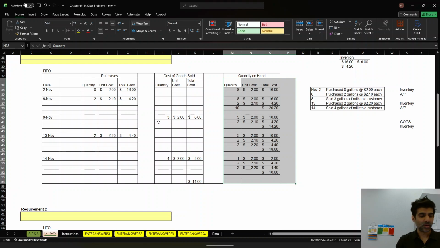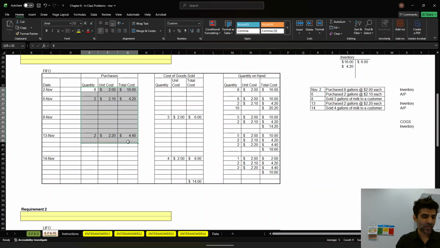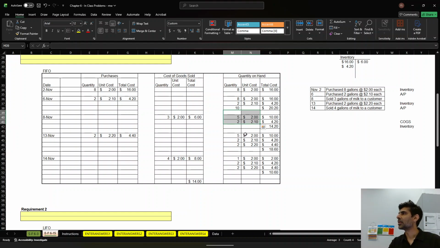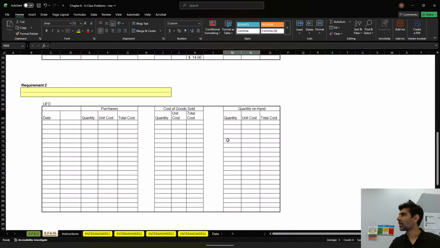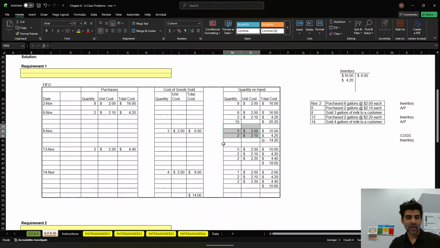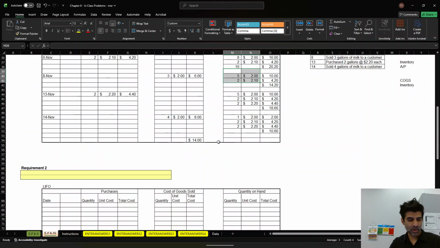So for LIFO, I'm just going to copy and paste whatever is your purchase information, that's going to be the same. You can just use these exact numbers, but this and this are going to change, and then that's going to change the running balance of inventory. So go ahead, see if you can figure out how to do the same concept. It's the same transactions, but now we're using a different costing method, LIFO. Okay, so go ahead and do that.